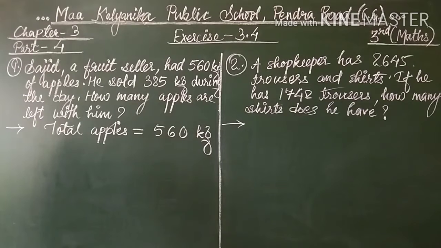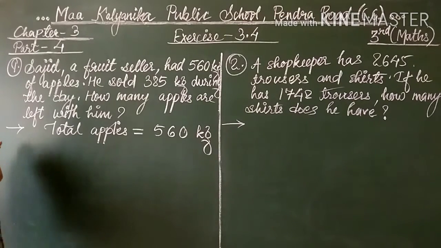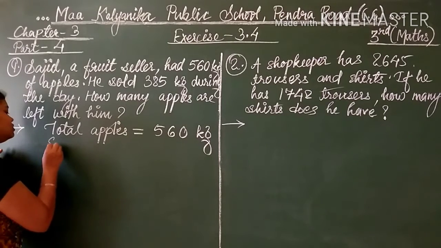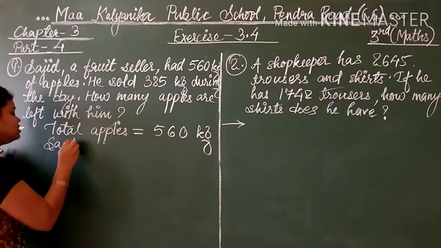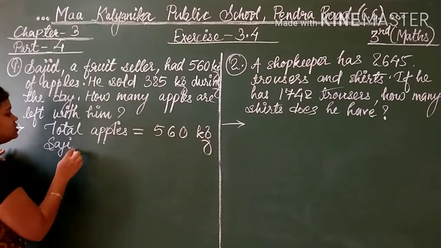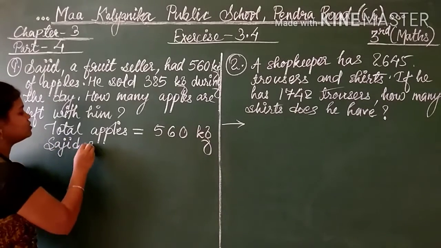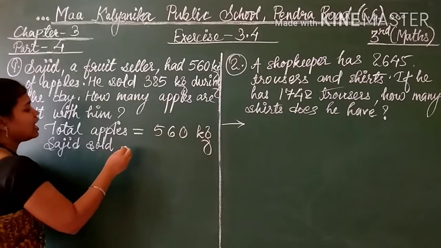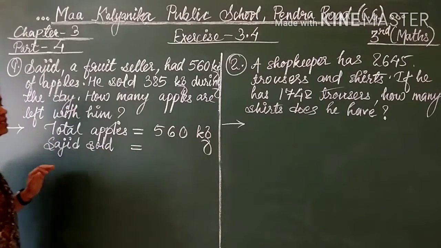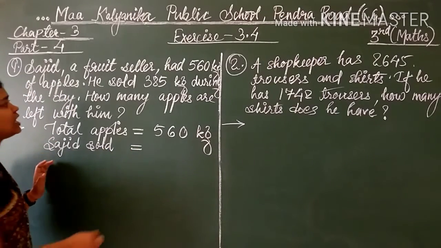Now he sold 385 kg during the day. How much did he sell? So Sajid, S-A-J-I-D, Sajid sold 385 kg. How many apples has Sajid sold?